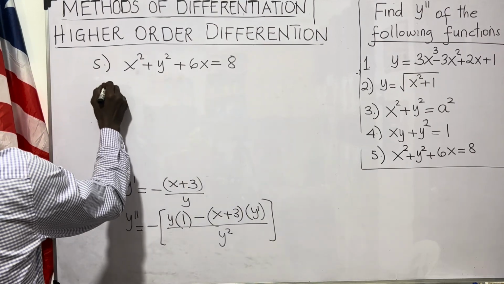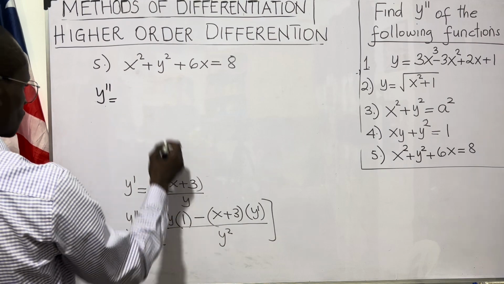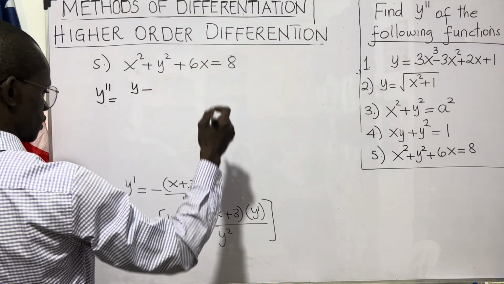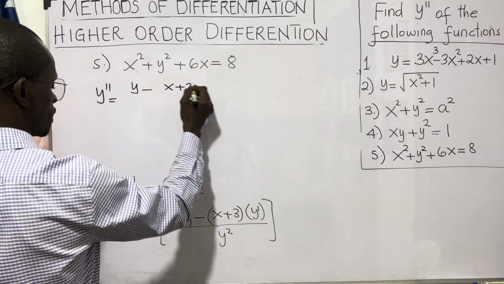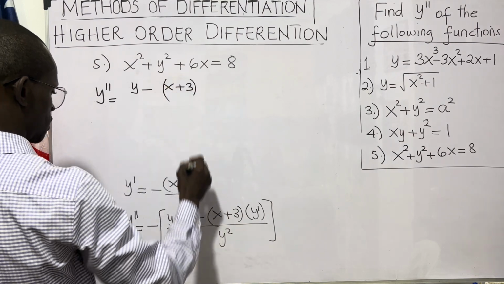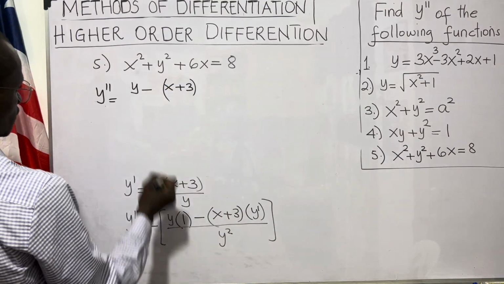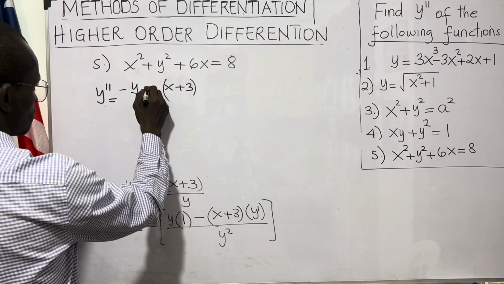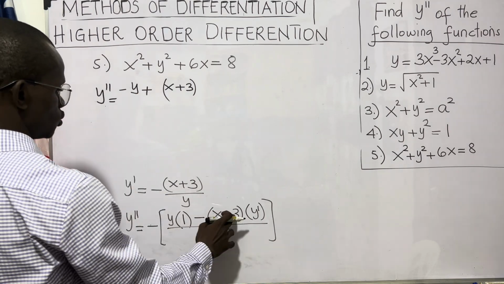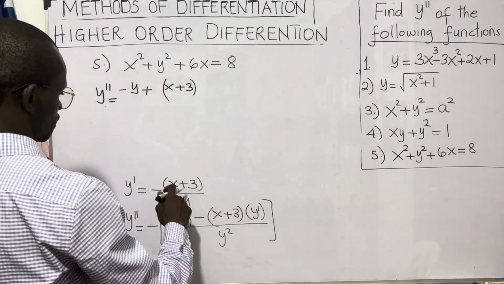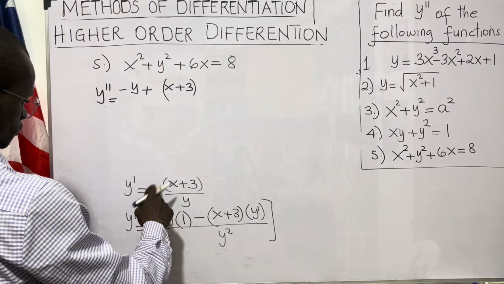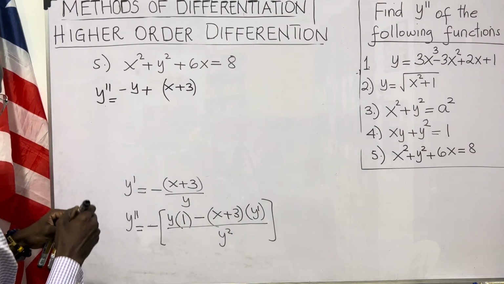So we have y prime prime equals, this is y minus x plus 3. Y prime now is just, okay, so this is negative, and then this gives us positive. So y prime is just this expression, right?